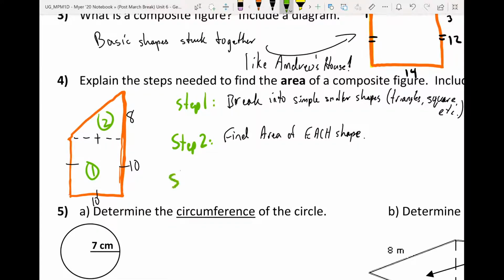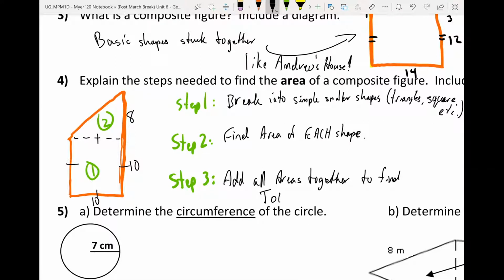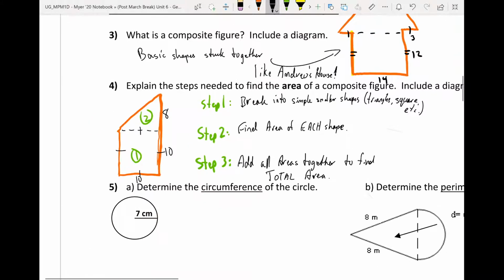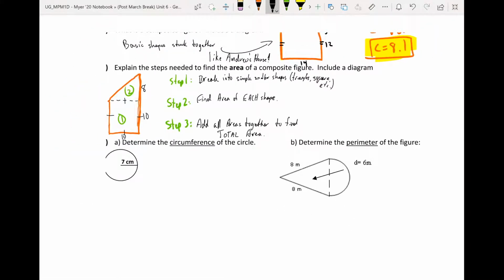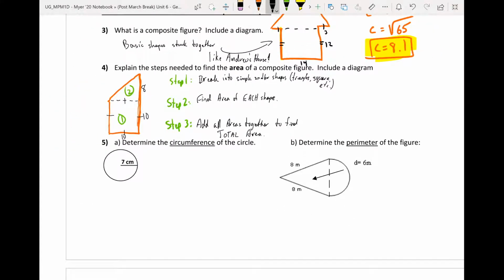And then the last step is adding all the areas together to find the total area. All right, so it's just a little 3-step process. Break it down, find the area of each one, and then keep going.